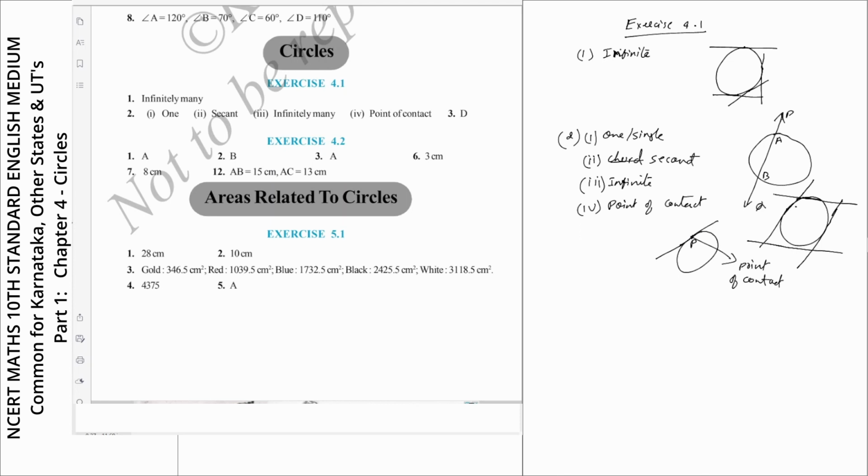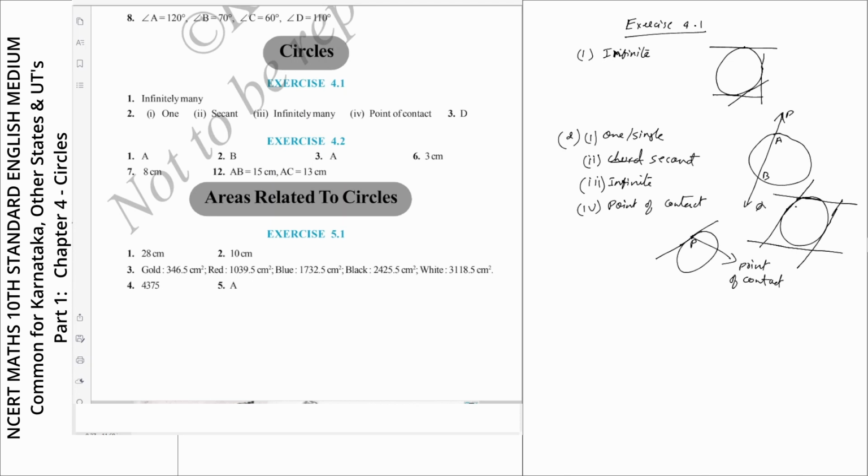That's also okay. Both are grammatically correct and give the same meaning. The answer to the third sub question is secant, and the next one is infinitely many or infinite. Both are one and the same. It gives the same meaning. The fourth sub question answer is point of contact.